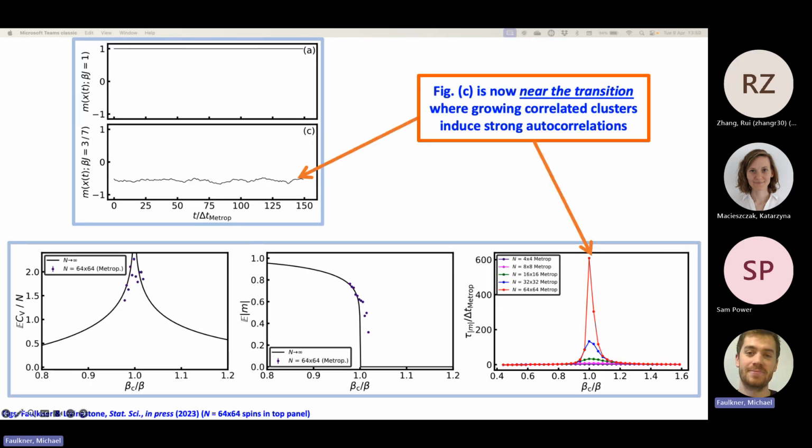So this is looking at this in a little bit more detail. This was that low temperature plot from earlier. This plot here is the magnetization as a function of time, but rather than high temperature, it's now near the transition, where this critical slowing down starts to happen. The growing correlated clusters induce very strong autocorrelations in the trace plot of the magnetization.